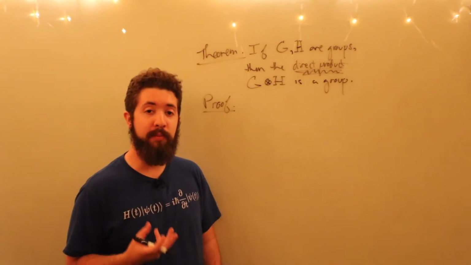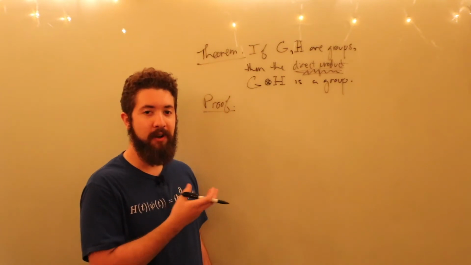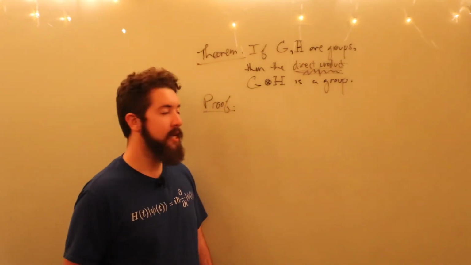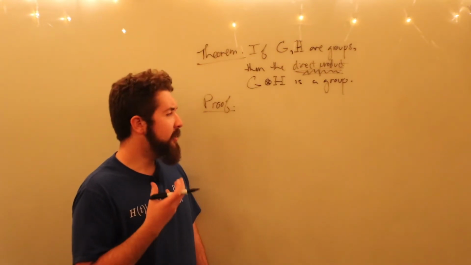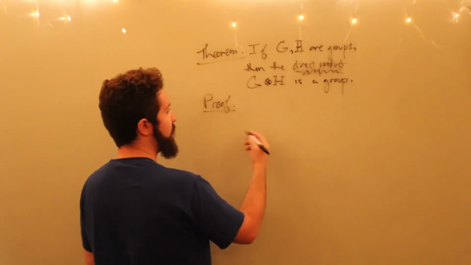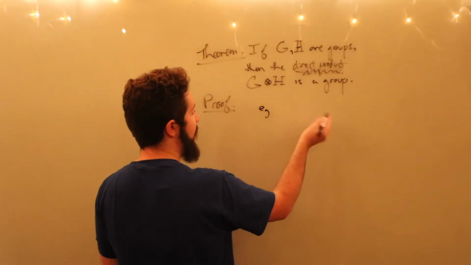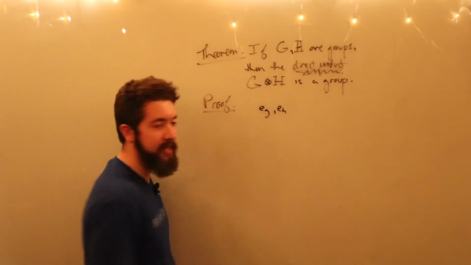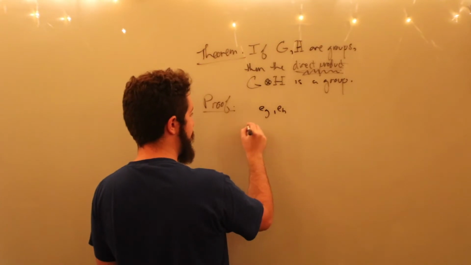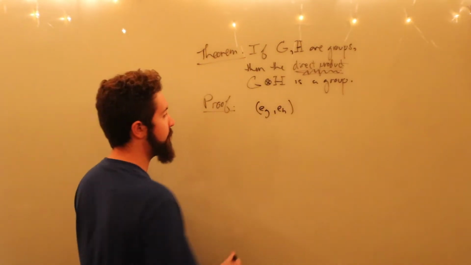Axiom 2 is going to be the identity. Does this direct product set, or this Cartesian product, if you like, equipped with the binary operation the way we defined it, have an identity element? Well, consider this. Let's call E sub G the identity in G, and E sub H the identity in H. Then let's consider the pair (E sub G, E sub H).